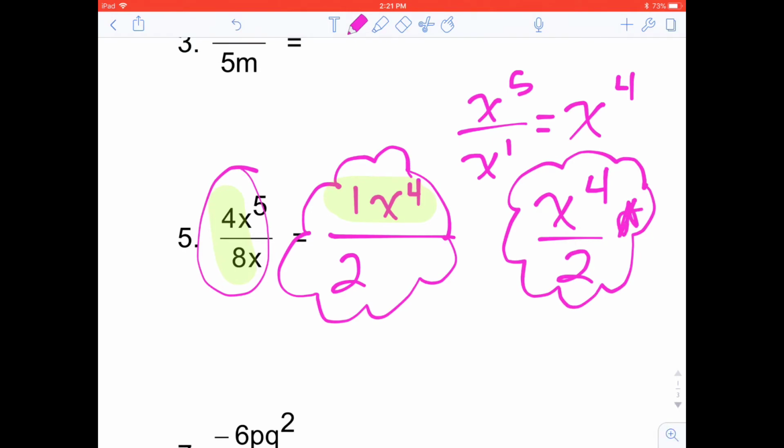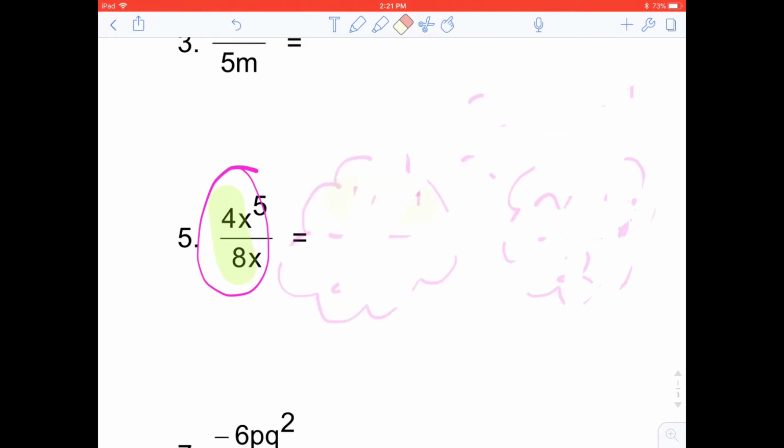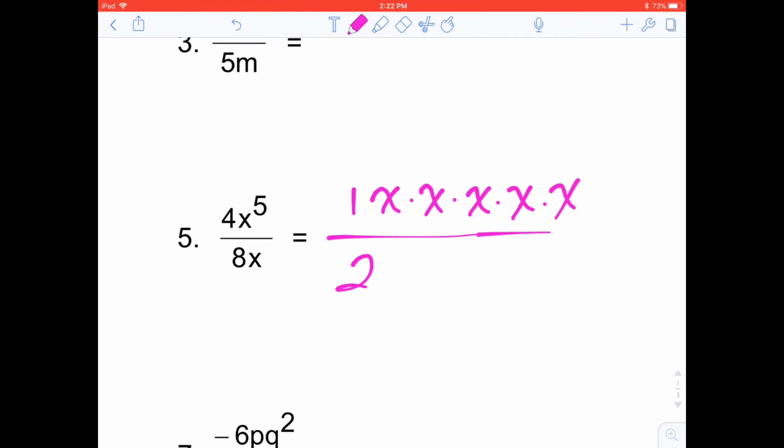Now there is, and I'll erase this here, another way, a shortcut way of doing this as well. We'll start with our numbers. 4 divided by 8 is 1 over 2. And pretend x to the 5th is like having 5 x's on top. We have 5 x's on top and 1 x on bottom, and we can cancel out sets of x's.